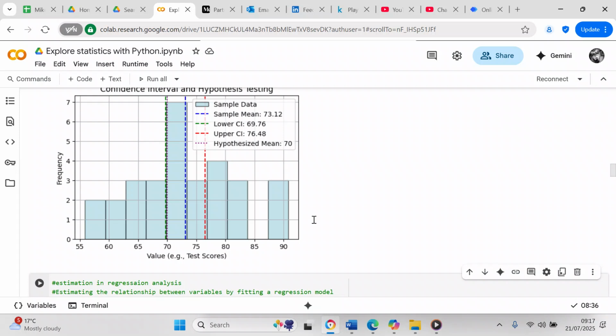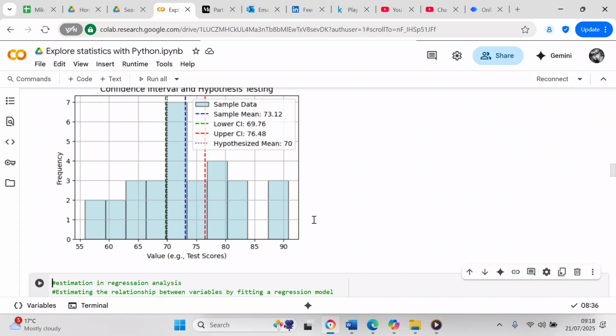The null hypothesis is that there's no significant difference between the sample mean and the hypothesized mean, and the alternate hypothesis is that there is a significant difference. For the purposes of this test, there's no significant difference between the hypothesized mean and the sample mean.